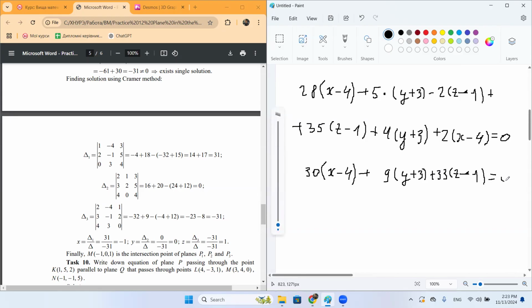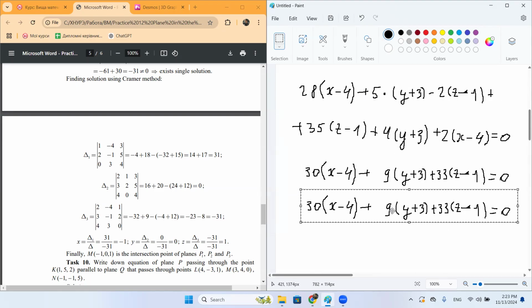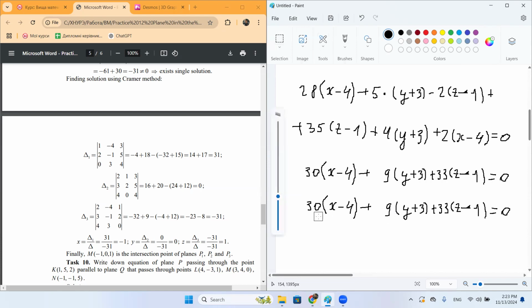So it equals 0. And we basically can reduce it. So we can divide everything by 3, just to simplify all calculations in the future. So 10, 3, 11. And that's the equation of the plane Q.